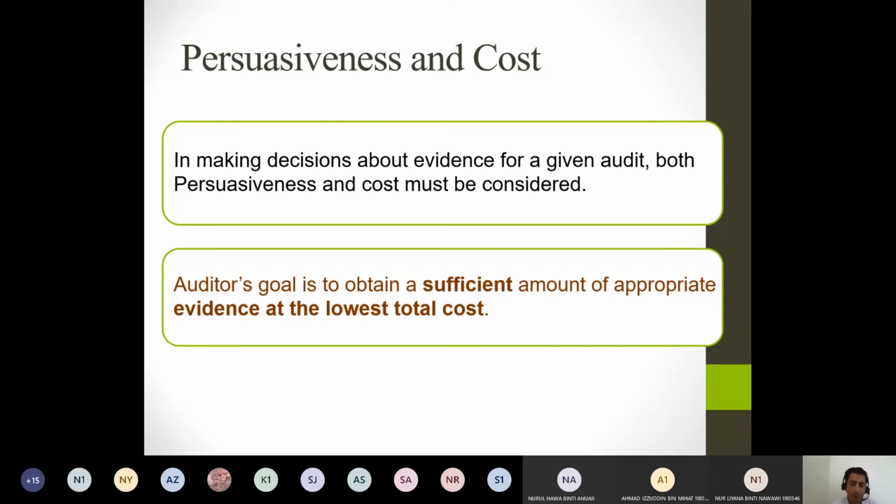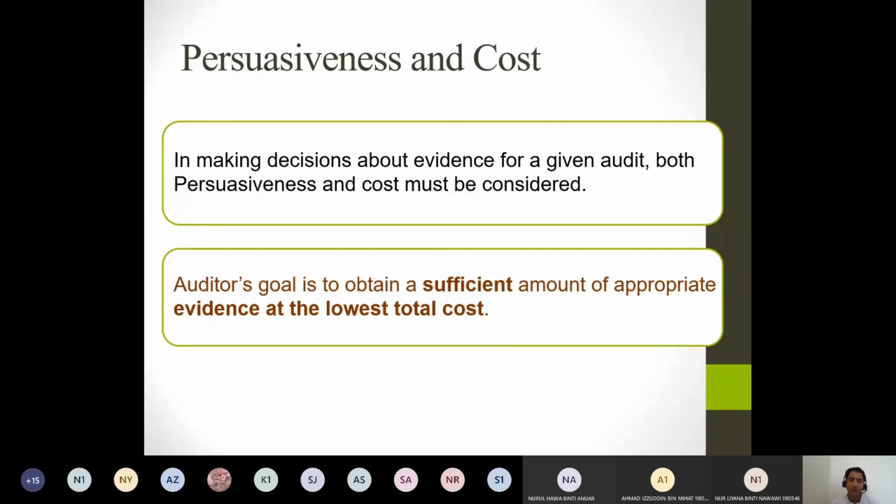So the more evidence we collect, the more cost we incur. The more reliable type is to collect confirmation from suppliers and customers, with more samples. So that will create cost. The auditor needs to consider the cost when evaluating the persuasiveness. How to manage between the cost and persuasiveness is up to the experience and the auditor's judgment.